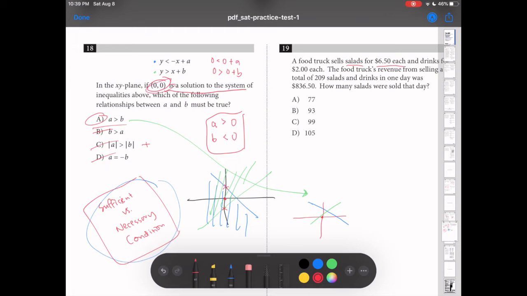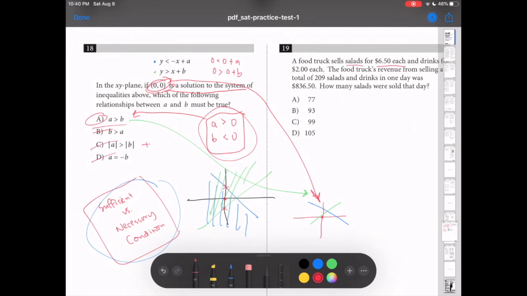Remember, (0, 0) is a precondition. It must be included. So although choice A is not all-inclusive, if you just graph it, you won't necessarily get (0, 0). For this precise choice, it's going to be the correct answer because a has to be greater than 0 and b has to be less than 0.